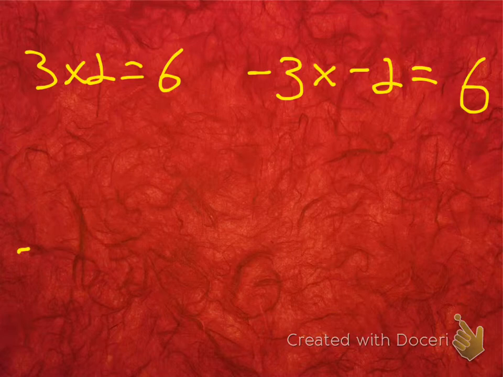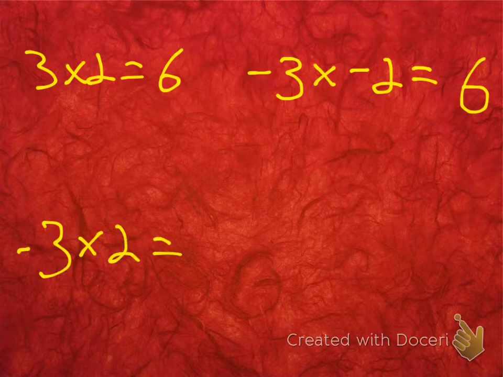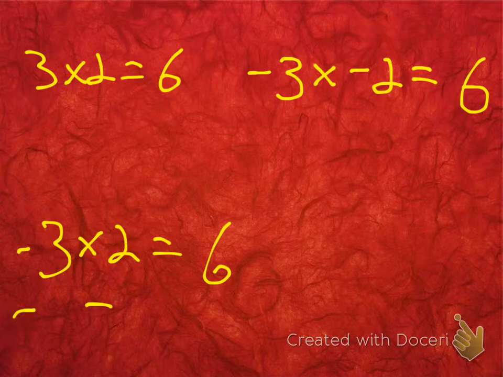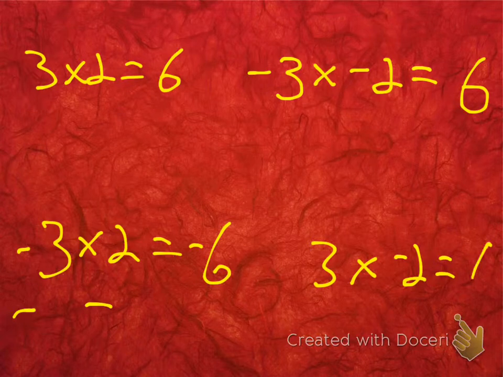Now, negative 3 times a positive 2. 3 times 2 is still 6. My signs are different this time, so my answer is a negative. If I had a positive 3 times a negative 2, 3 times 2 is 6. The signs are different, so my answer is negative.